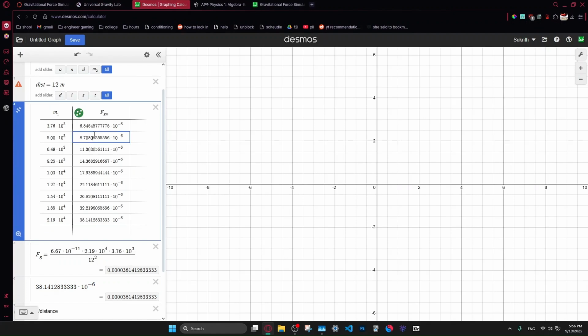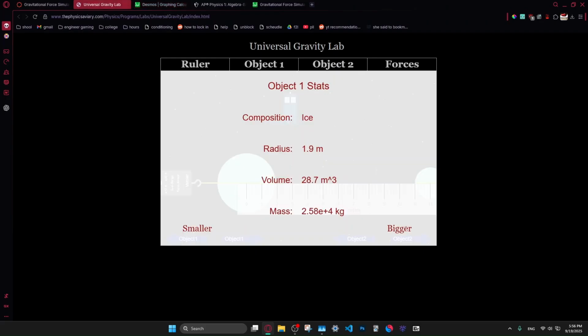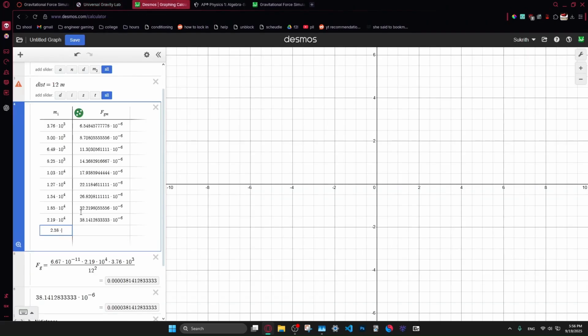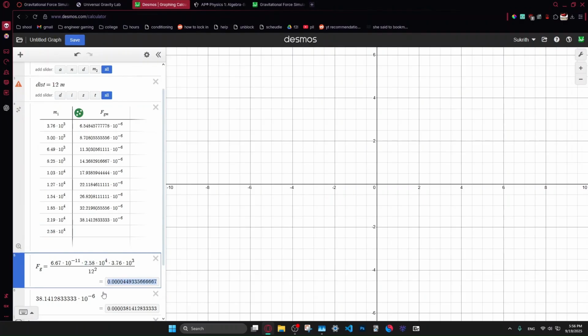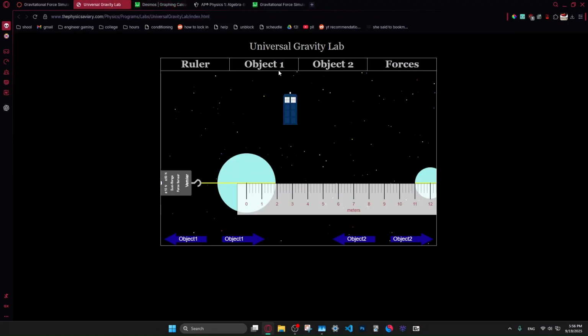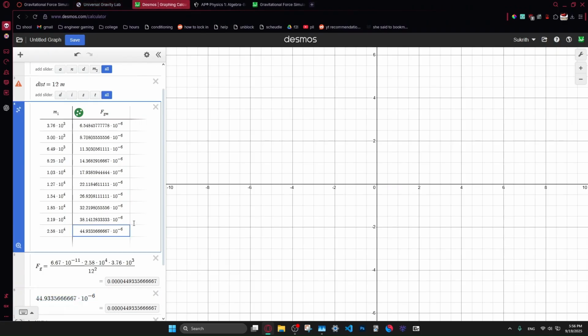So, how many are we at? 1, 2, 3, 4, 5, 6, 7, 8, 9. One more, then you can stop doing this part. 2.58 times 10 to the fourth. Substitute M1 the last time. 1, 2, 3, 4, 5, 6. Should be around 44.9 micronewtons. It is 44.9 micronewtons. Look at that.